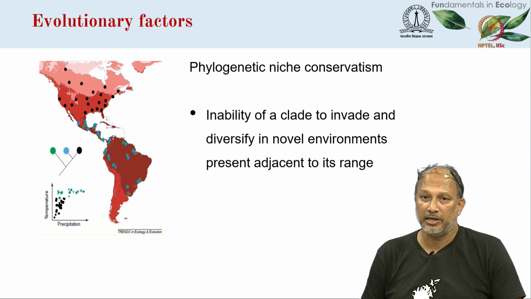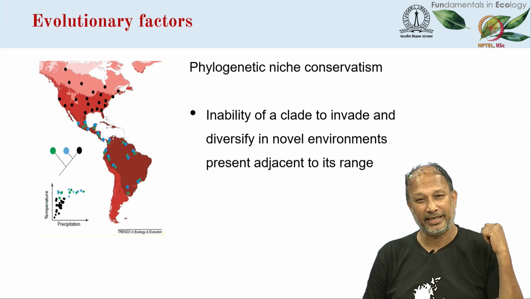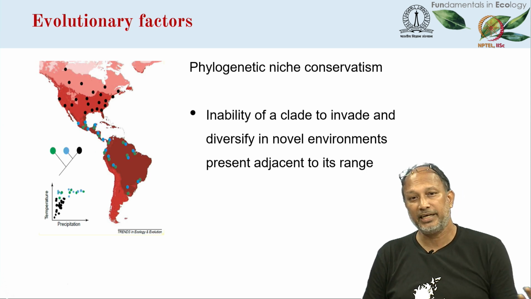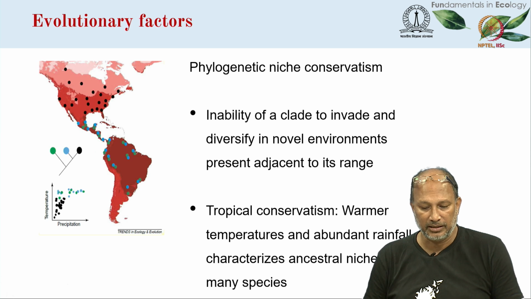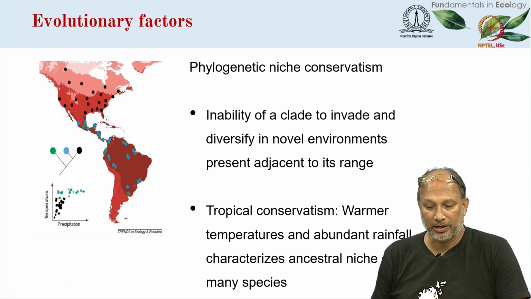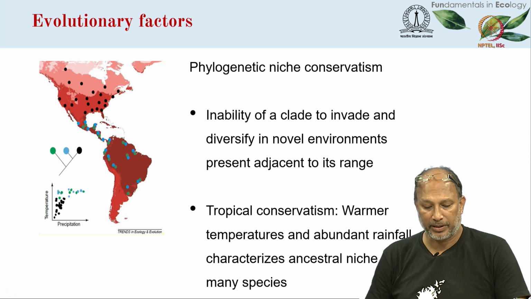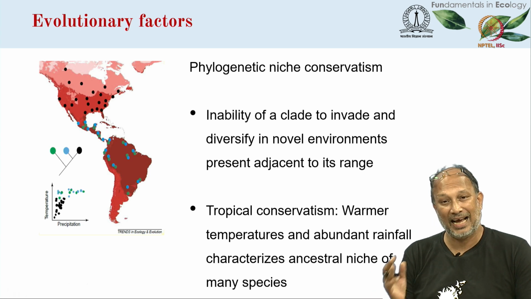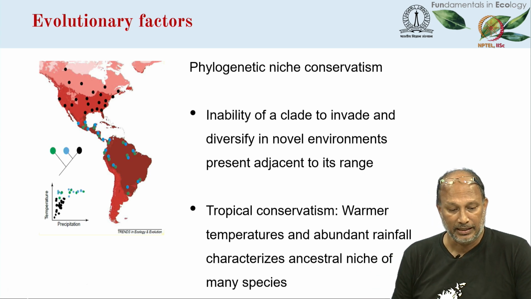This talks about the inability of a clade to invade and diversify in novel environments. So the phylogenetic niche is conserved. All the descendants of a particular clade have similar niches. And in particular, this has been used to explain tropical conservatism. Warmer temperatures and abundant rainfall characterizes the ancestral niche of many species.